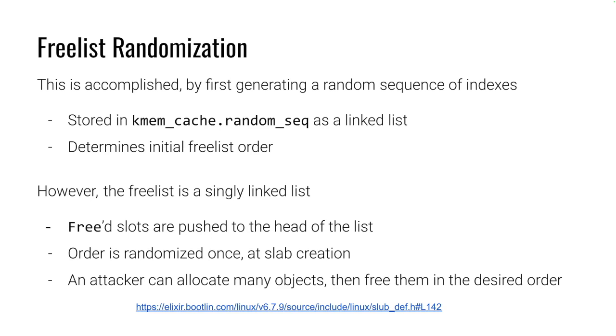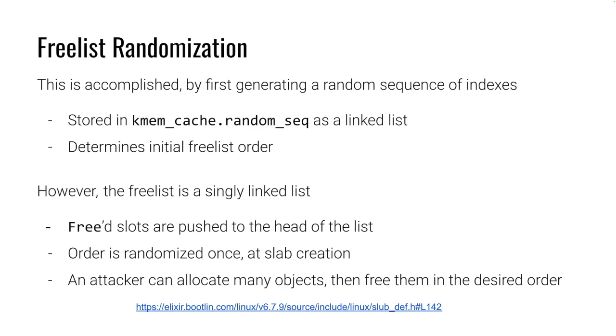And then the attacker could free them in whatever order the attacker desires. And that means that the attacker can determine the order of the free list, based upon the order that the attacker frees the objects that were allocated previously.